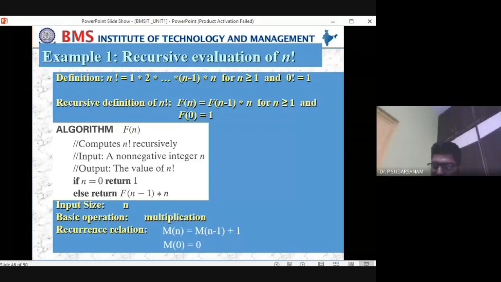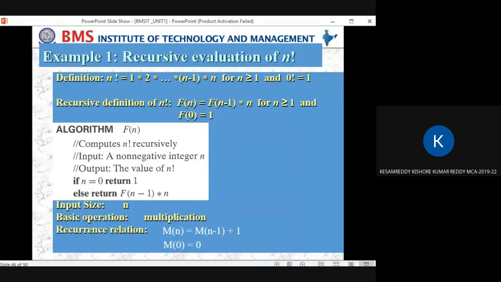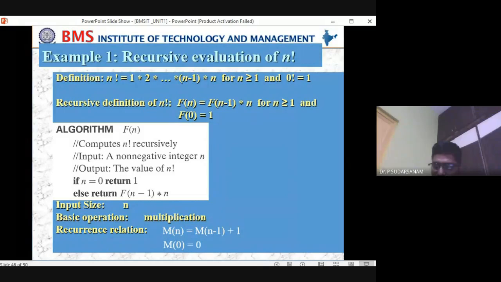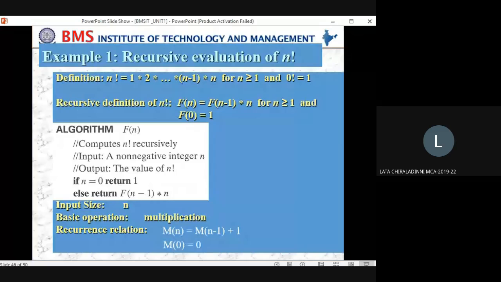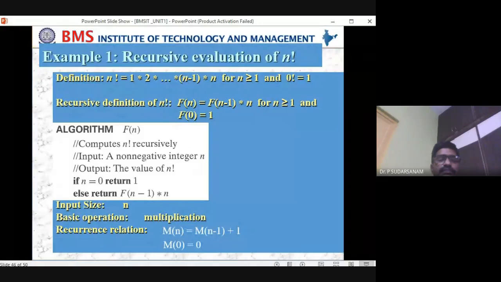Who is 24? Sir Kishore. 25, yes, sir. 26, present, sir. 27, yes, sir. 28, yes, sir. 29. 30.